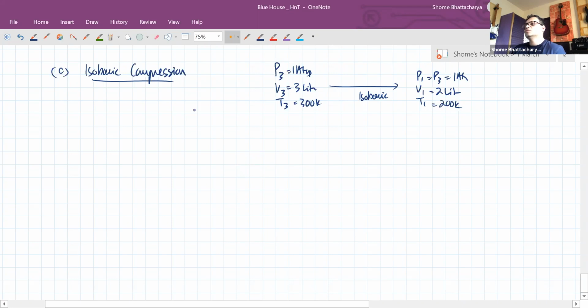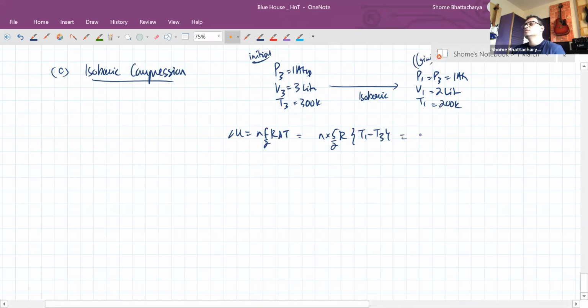Okay. So delta U is nf by 2 R delta T. So that is n into 5 by 2 R into T1 minus T3. So this is the initial state and this is the final state. So final minus initial.